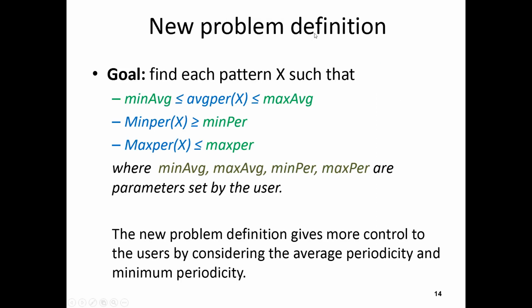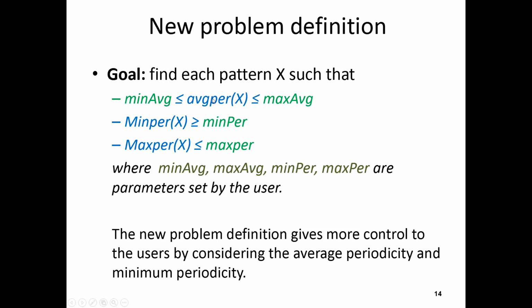So we define the problem as follows. We give a new definition. The goal is to find all the patterns, each pattern X, such that the average period of X is greater or equal than some minimum and smaller than some maximum. So for example, X on average is about every 1 week at least, but less than every month.